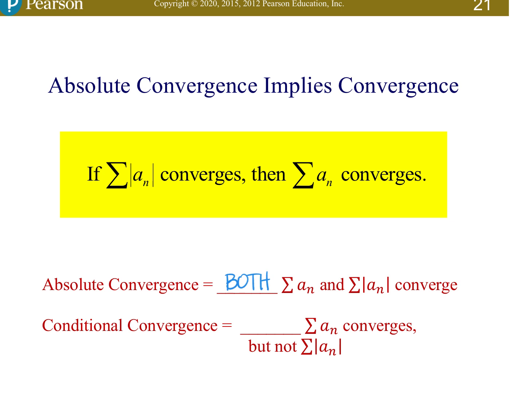Conditional convergence is when only the series without the absolute value converges, but with the absolute value, it doesn't. So that's conditional convergence. Only one, but not the other.